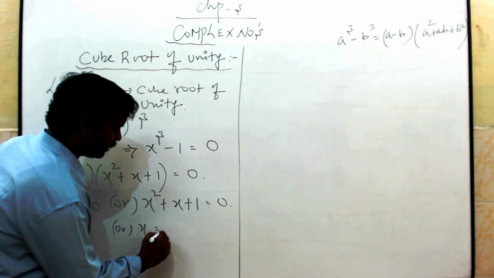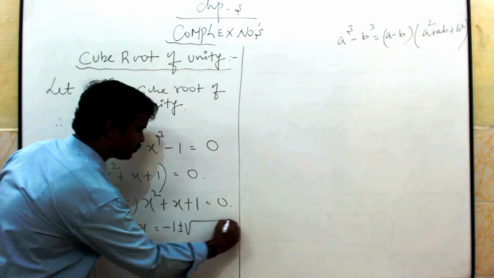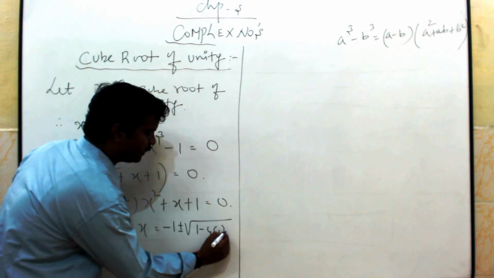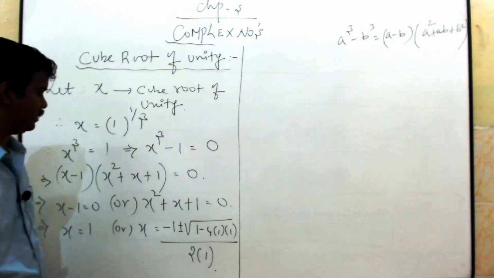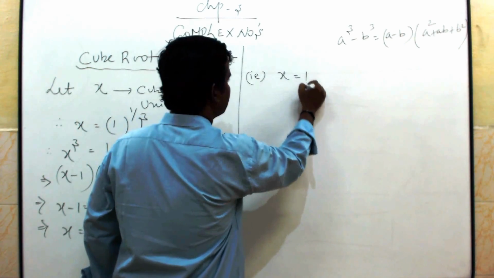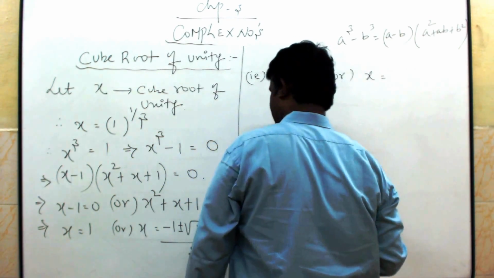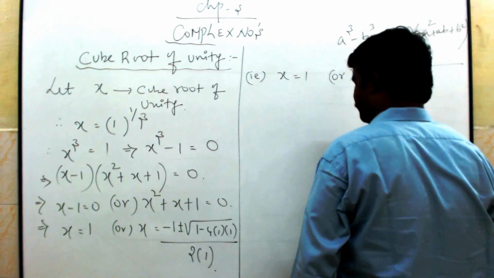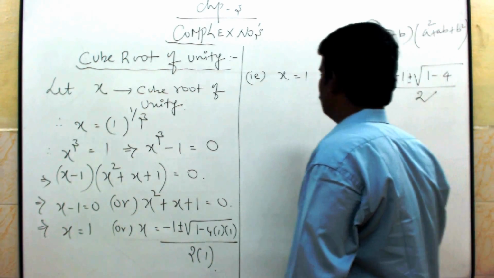Better use the formula minus b plus or minus root of b square minus 4ac தானே. 1 minus 4 into a 1 தான், c 1 தான், divided by 2a. So that is x is equal to 1 or x is equal to minus 1 plus or minus root of 1 minus 4 divided by 2.